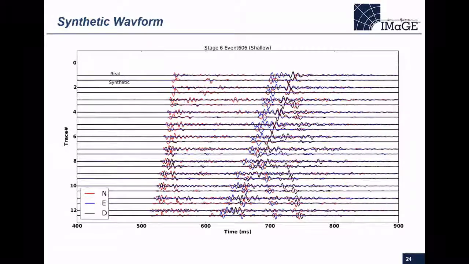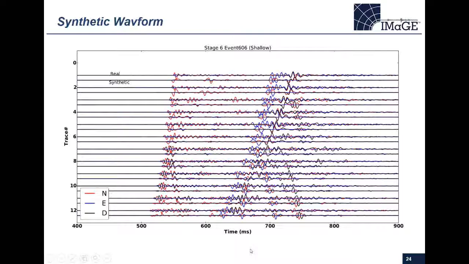But some events have more complex waveforms. So you might have some reflections coming off of different layers and some refractions or head waves. Here you can see a few different P waves coming in, and the same with shear.